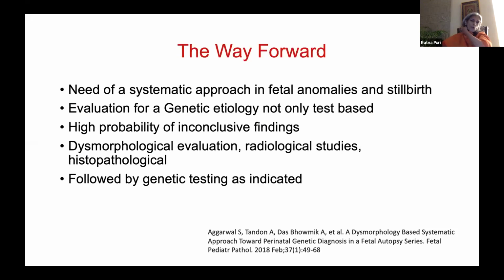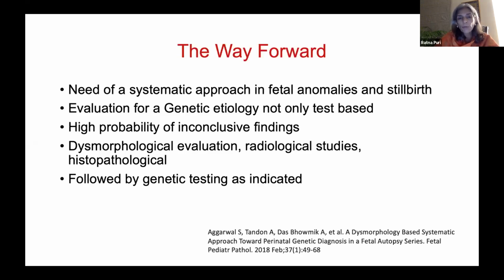So what is the way forward? The way forward really is something which is well established: the need of a systematic approach in fetal anomalies. Evaluation of a genetic etiology is not just by ordering a test, because you get a high probability of extremely inconclusive findings.